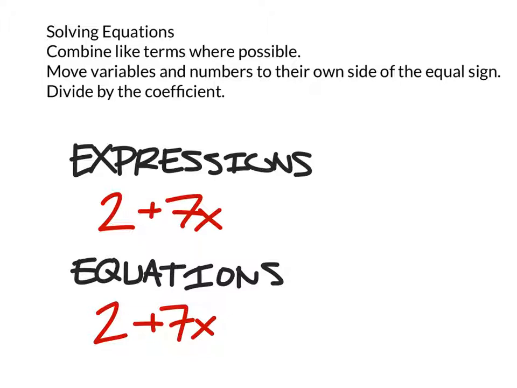But an equation now is going to include an equal sign like this. And of course, it should equal something like, I don't know, 5. An equation allows us to solve for the value of the variable or the unknown, which is good. Now, we're going to use what we call principles of equality.